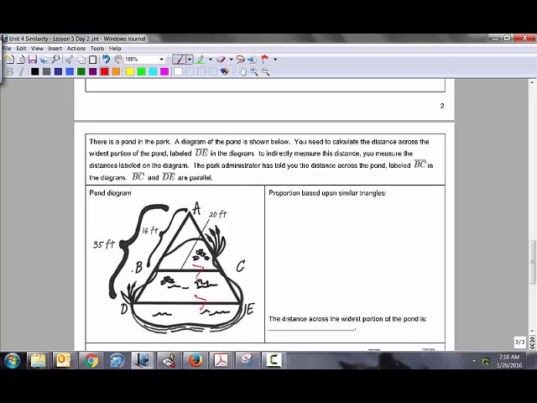We had a theorem about that. And so we also get proportional triangles along with these side lengths of this triangle being proportional. So we need to calculate the distance across the widest portion of the pond, which would be from D to E. And that's our goal.